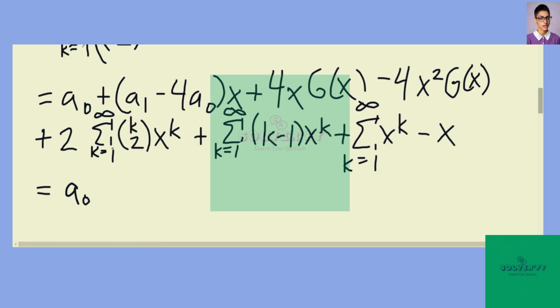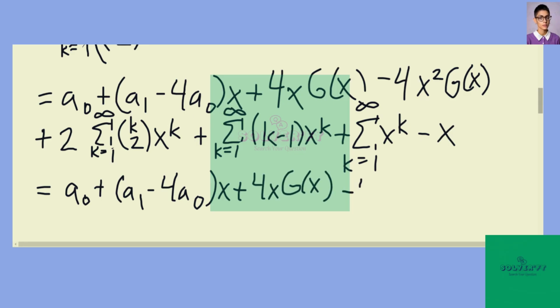And this is equal to a0 plus a1 minus 4a0 x plus 4x g of x minus 4x squared g of x plus 2, and then this binomial coefficient tells us that this is going to be... I made a mistake.